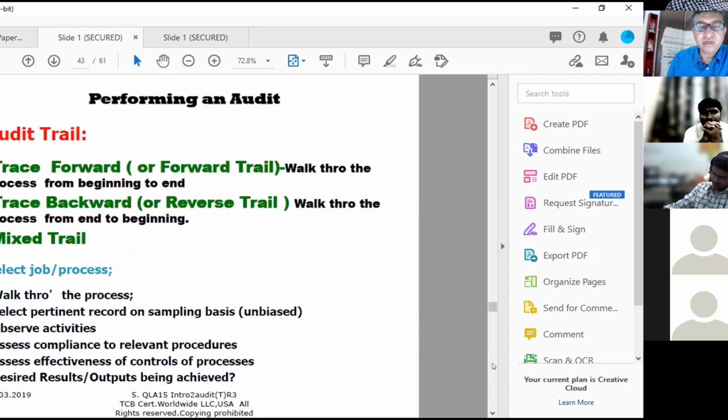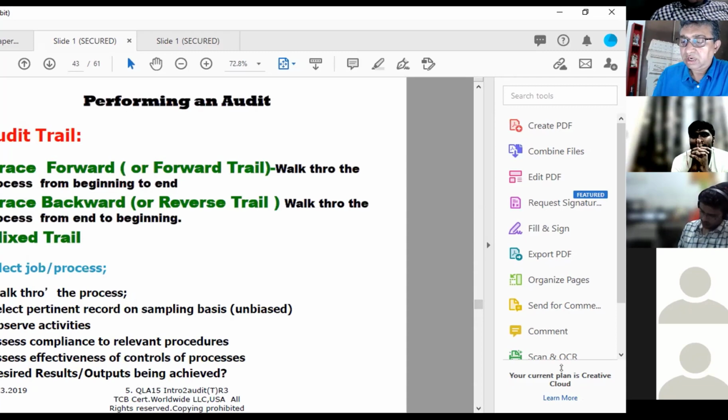I have already mentioned audit trails. Audit trails are a very important concept. Audit trail is basically movement of the auditors from one process to another process, right?